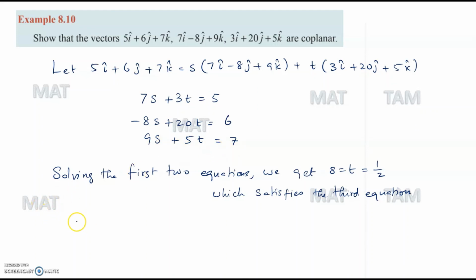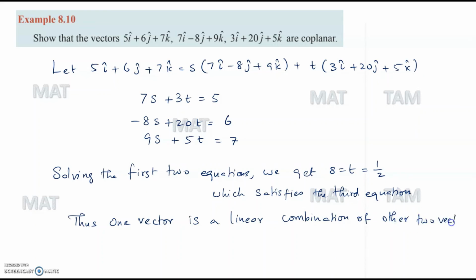Therefore, we can say, thus, one vector is a linear combination of the other two vectors. Hence, the given vectors are coplanar.